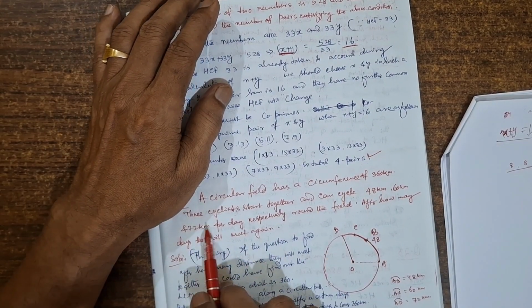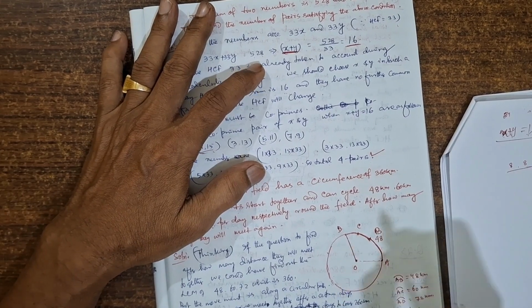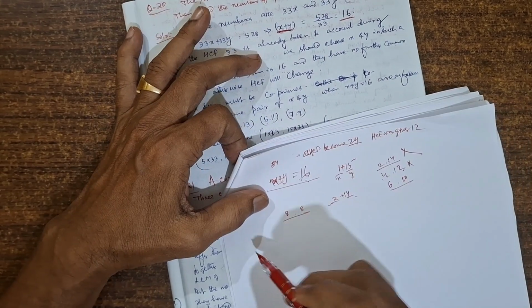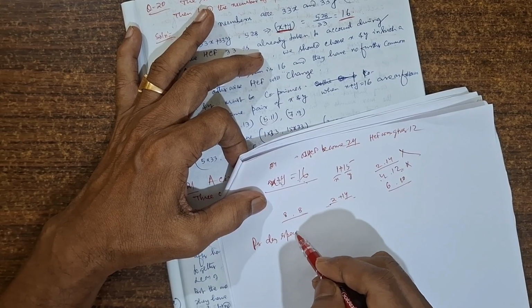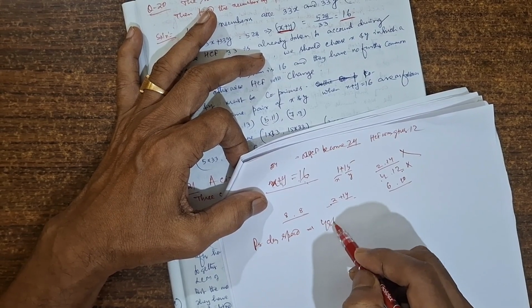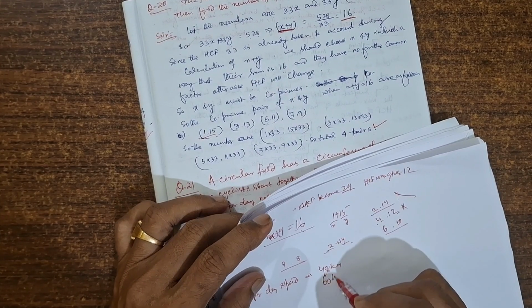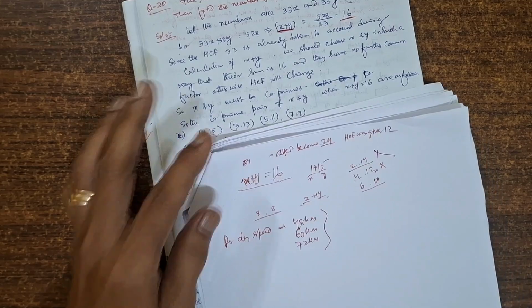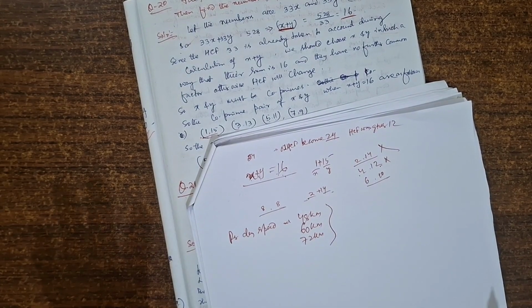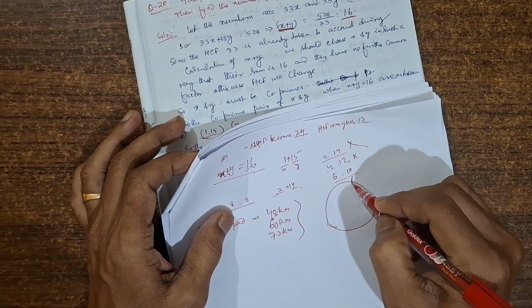What are their speeds per day? Per day speed is 48 kilometers, 60 kilometers and 72 kilometers. Now think that after one day in this circular path, one will cover 48.